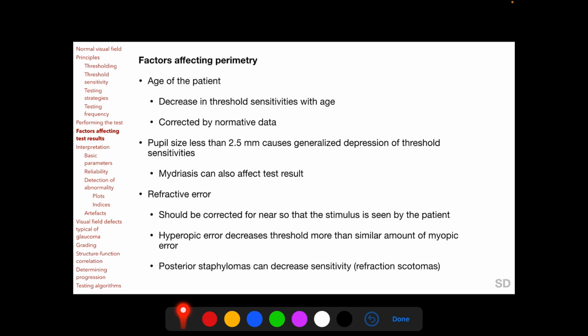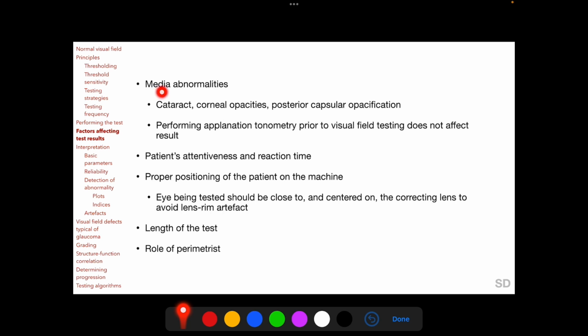Refractive error should be corrected for near so that the stimulus is seen by the patient. Posterior staphylomas can decrease sensitivity by blurring the image of the stimulus, and these are called refraction scotomas. Media abnormalities such as cataract, corneal opacities, and posterior capsular opacification can affect test result by causing generalized depression of threshold sensitivities across the visual field.